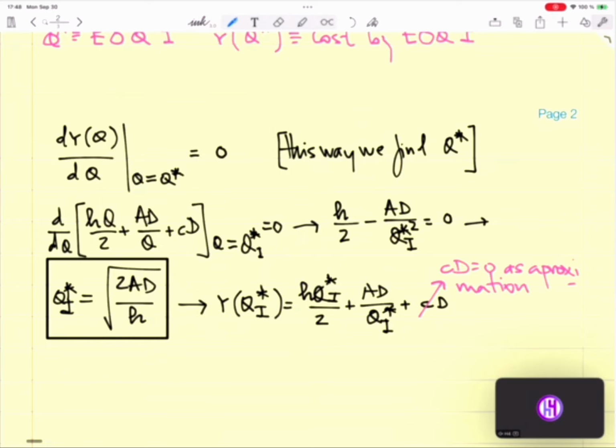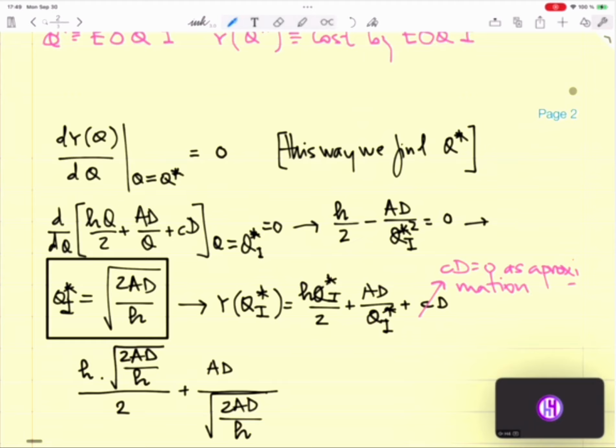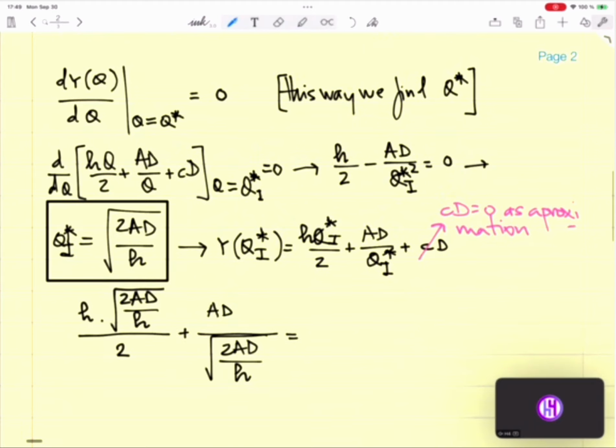Then we get H times the square root of 2AD divided by H, divided by 2, plus AD divided by the square root of 2AD divided by H, equals the cost at the economic order quantity 1.